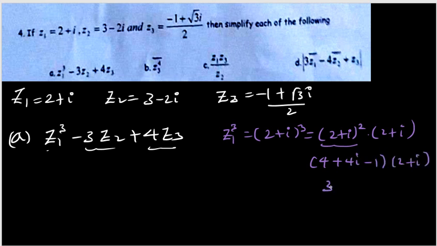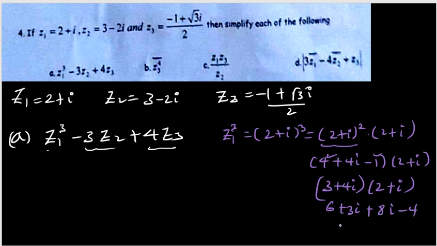So this is the same as 3 plus 4i times 2 plus i again, because 4 minus 1. Then when we expand, it will be 6 plus 3i plus 8i minus 4. This is the same as 2 plus 11i. So this whole thing is the first part only.